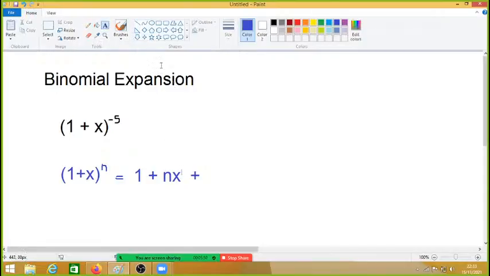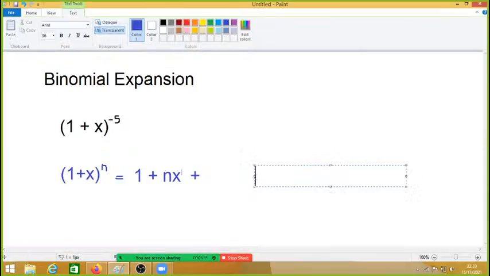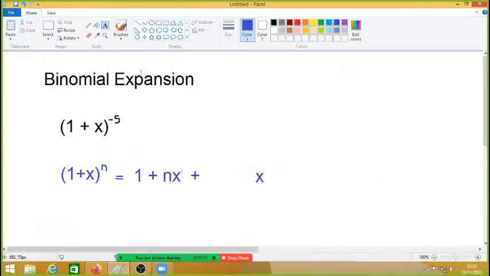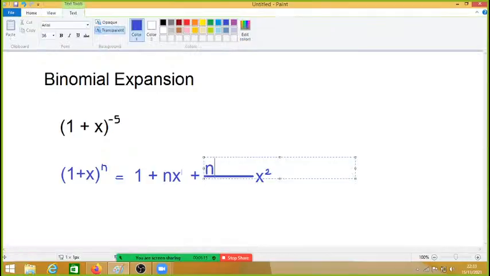So now the next term is going to be an x to the power 2. But the question is, what comes before it? What comes before it is a fraction. On the top of the fraction, if you look at what I had here, I had n. So it's going to be n times n minus 1.